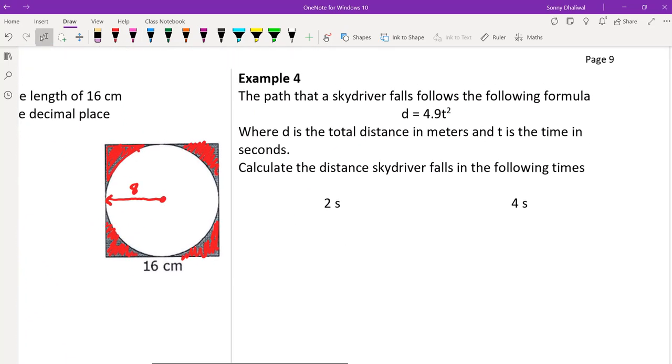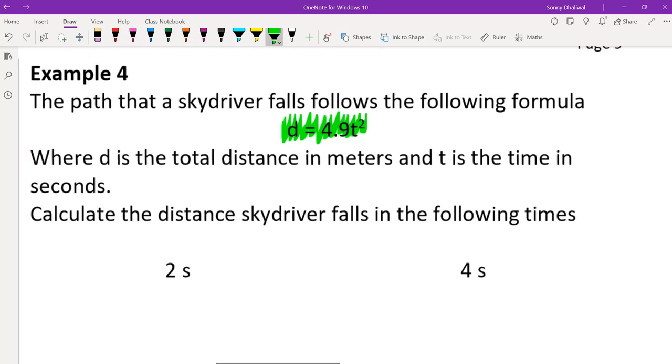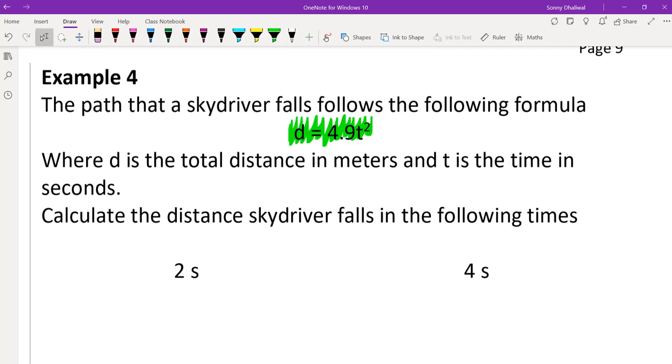Let's just do one of these. These are pretty straightforward kind of questions, but students often have a lot of difficulties with them. So a path a skydiver follows this equation. And you get to learn about this equation next year when you're doing physics.